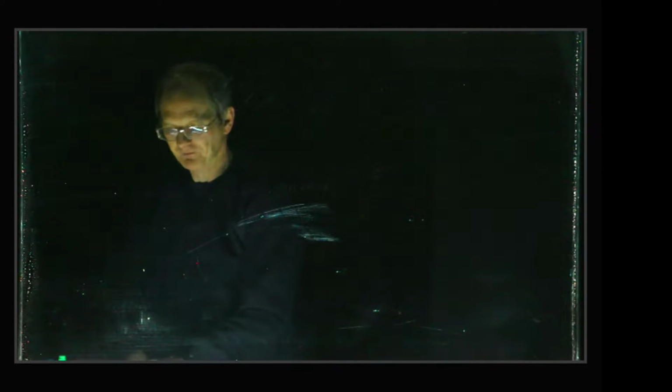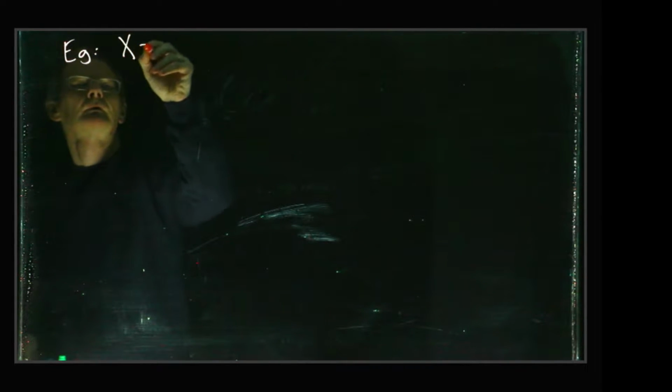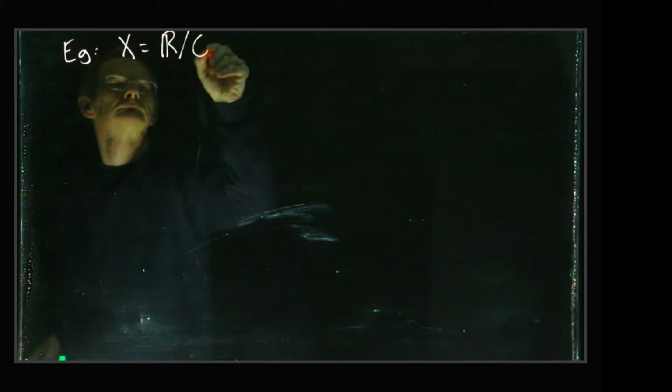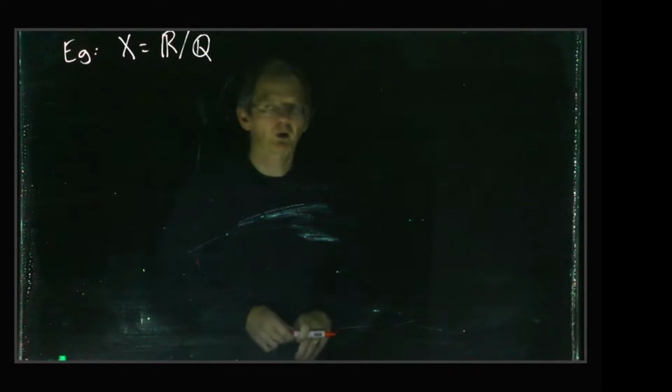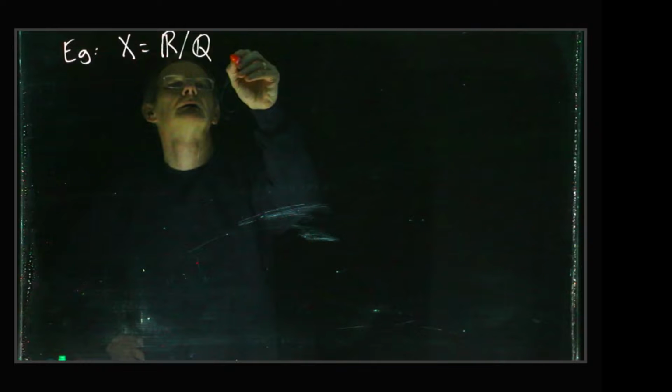Okay, so let's have another example of a space that's not Hausdorff. We're going to take this quotient group.